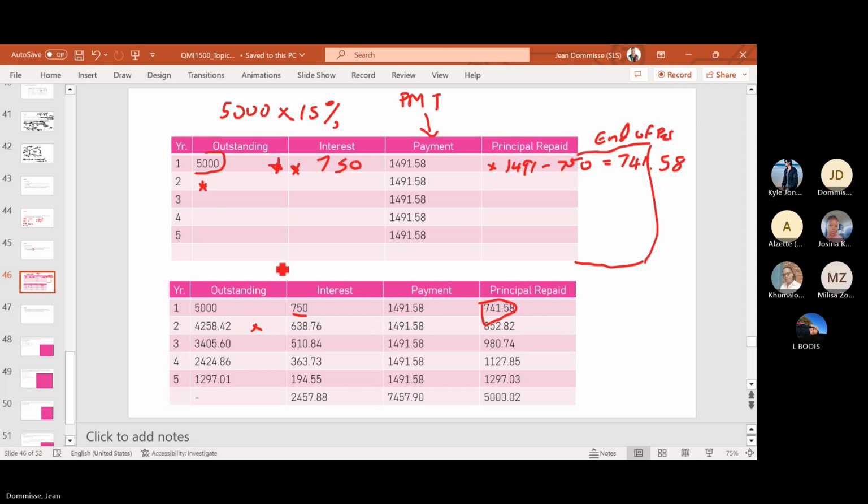Then the next step is, again, we need to work out the interest. So now on that 4258.42, we need to work out 15%.